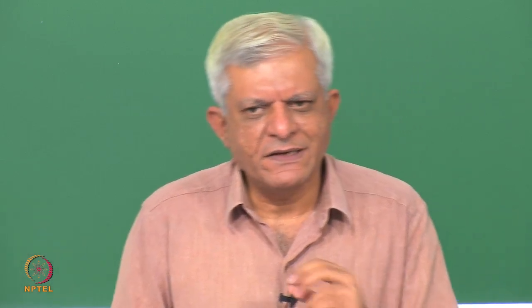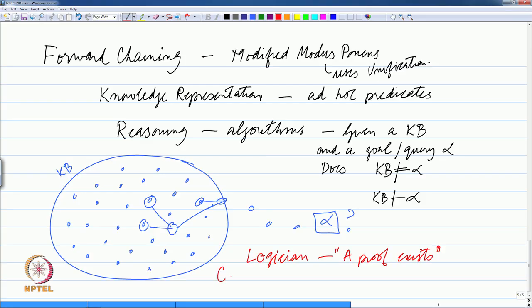So, they do not tell you how they arrived at the proof, but they will say here is a proof. So, your task is now to simply validate or verify whether the proof is correct or not. So, you basically check whether every inference is sound, and if that is the case then you accept the proof essentially. But as a computer scientist, which is what I presume all of us are, our task is to find the proof.